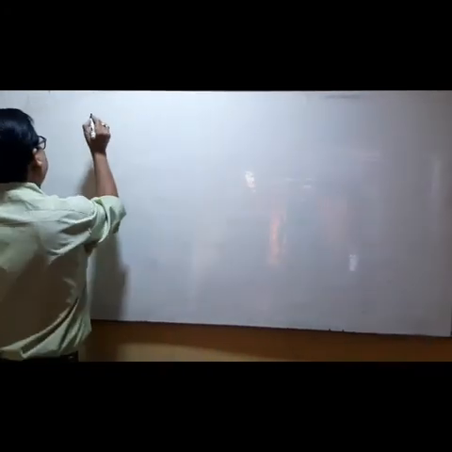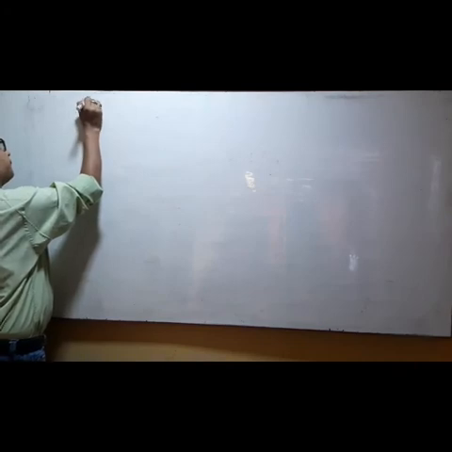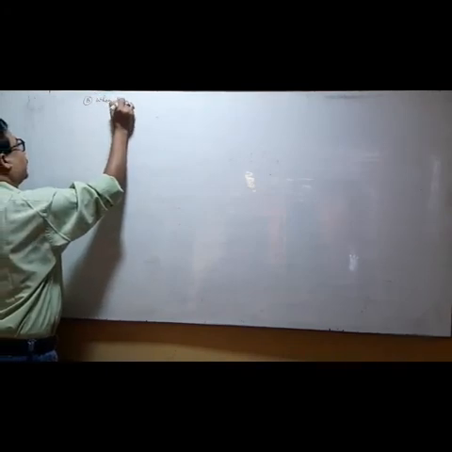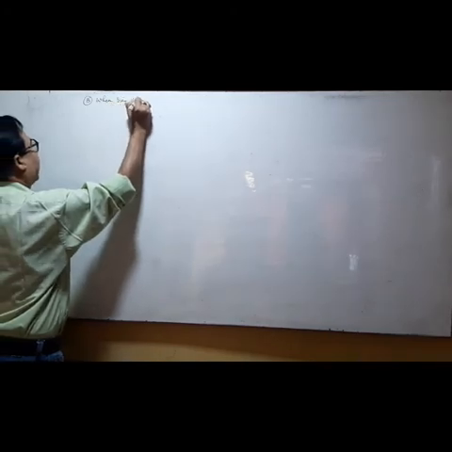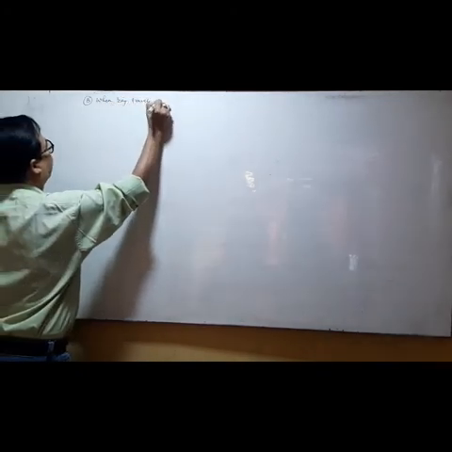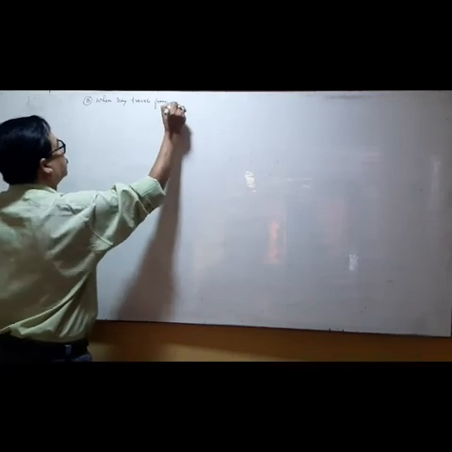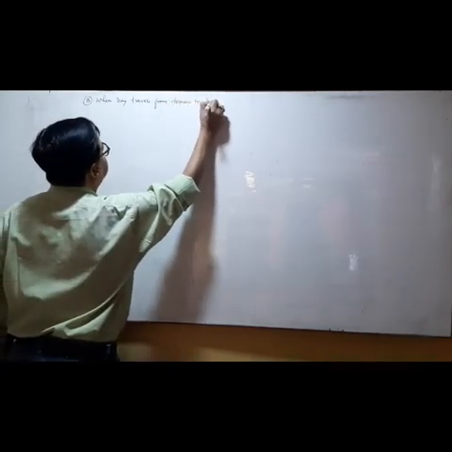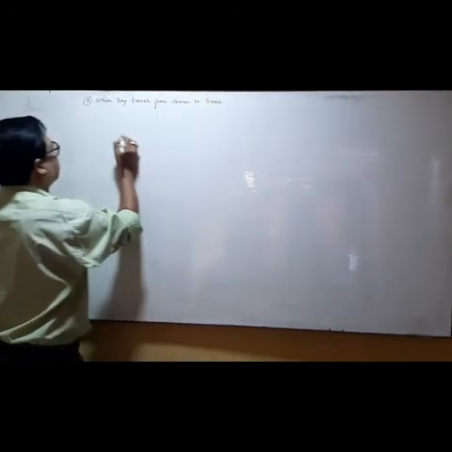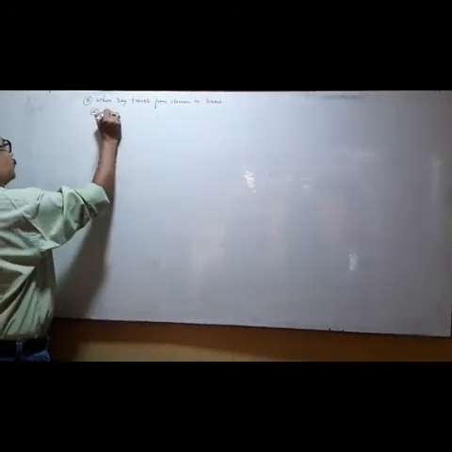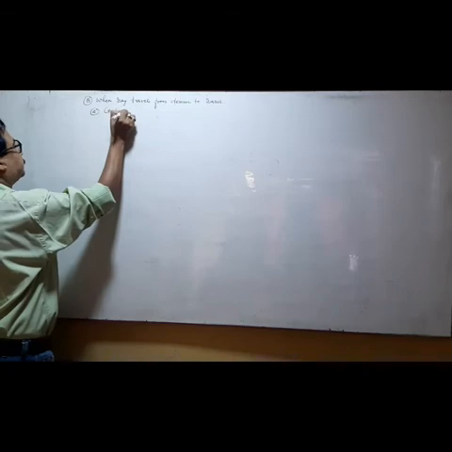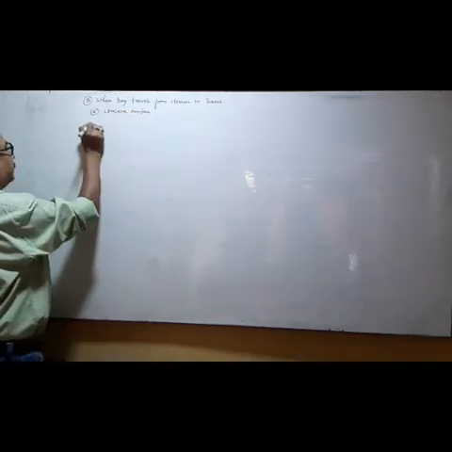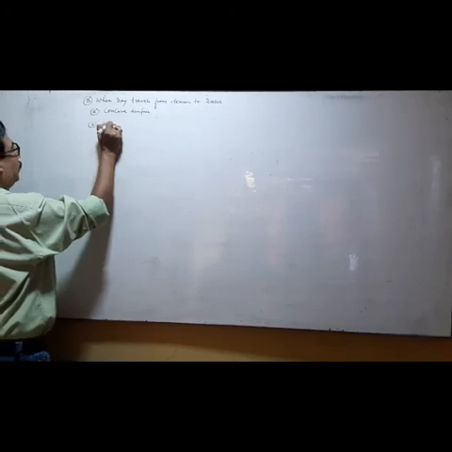Now this is B. When the ray travels from denser to rarer, A is the concave surface and B is the convex surface.